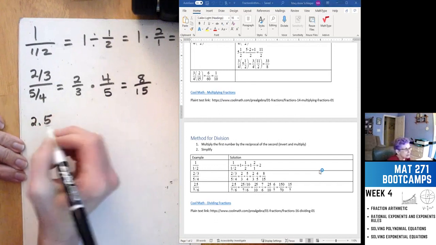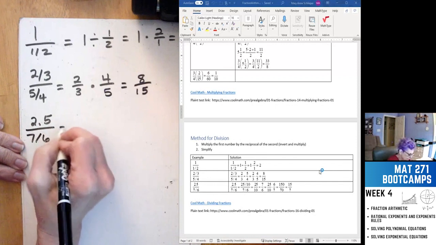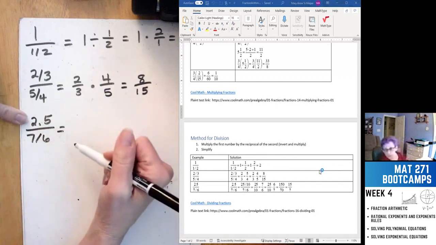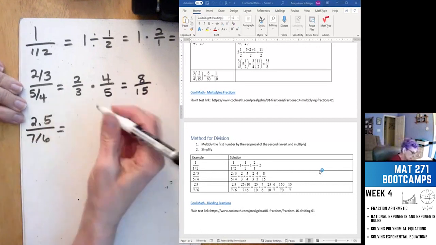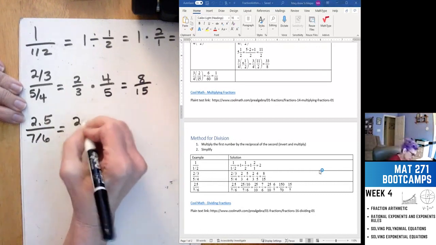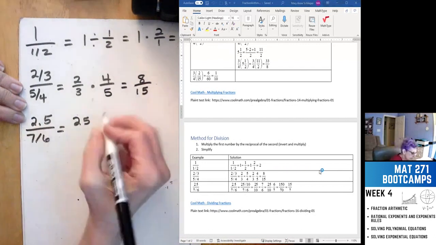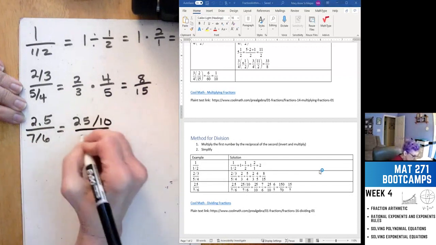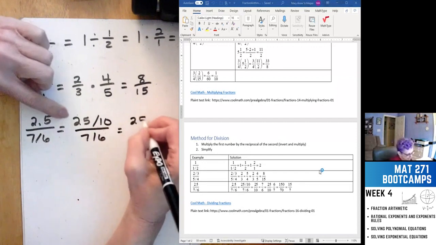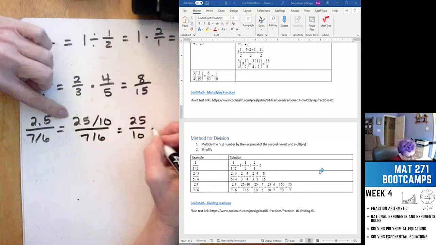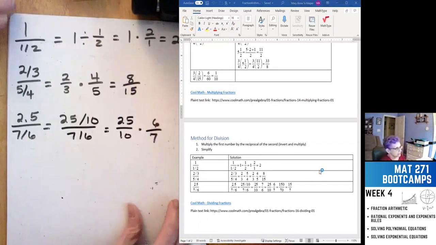And this last one, I threw a decimal on top. Now your calculator would do that for you. You could plug it in just like that, but I'm going to rewrite this numerator as a fraction. 1 digit after the decimal place means I'm dividing by 10. So we have 25 over 10 times 6 comes up top, 7 goes down below.